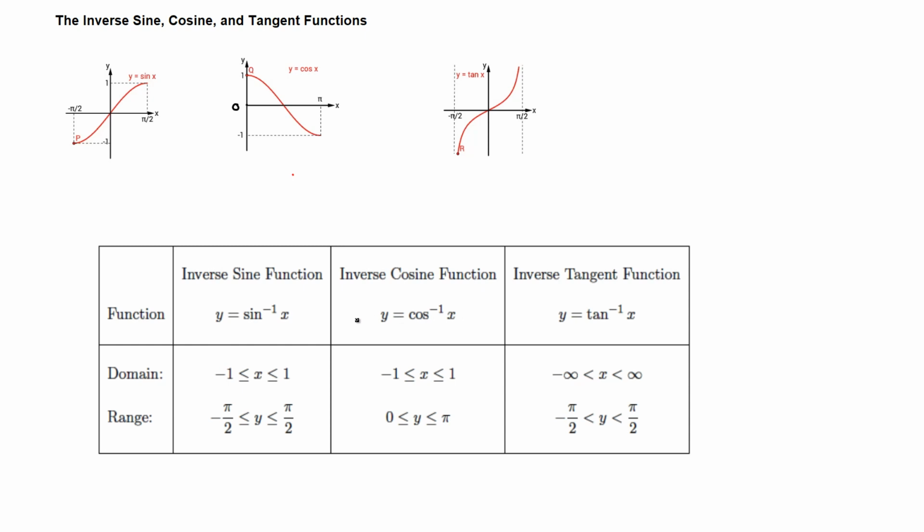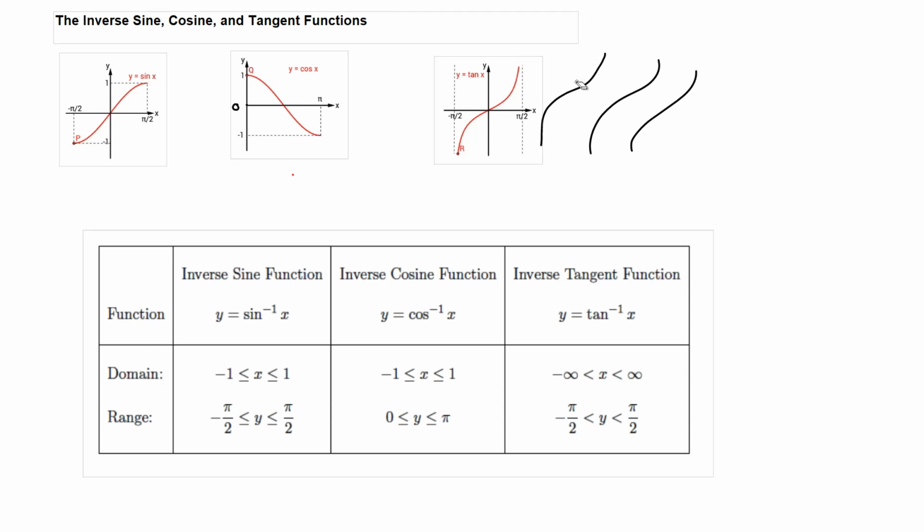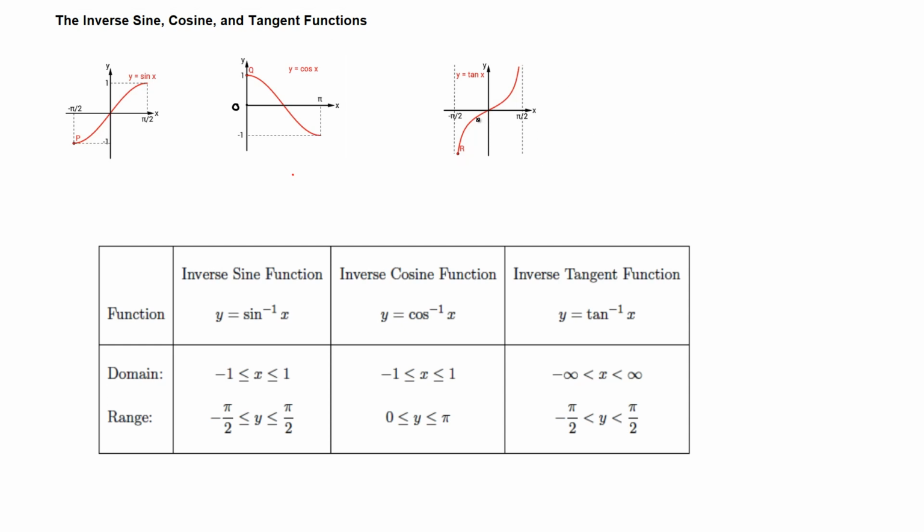Similarly, for tangent, as we've seen, the tangent function has one graph that goes on forever. But if we just consider one branch from negative pi over 2 to pi over 2, then the horizontal line test passes.